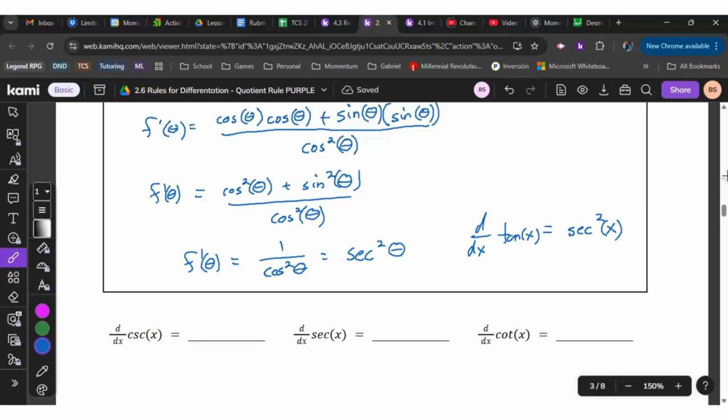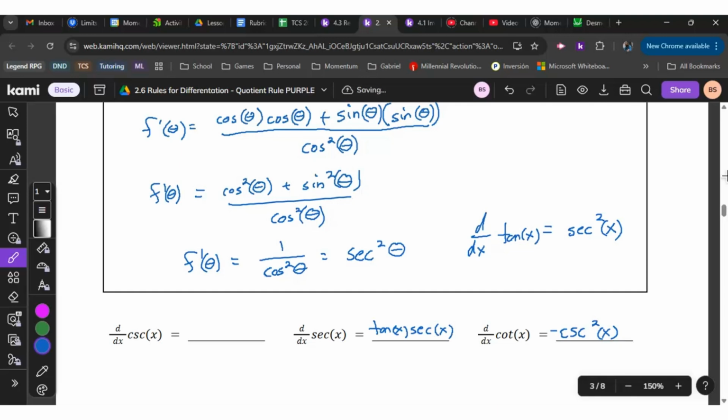Then I can look at what all these are. So if tan was secant squared, cotangent is going to be cosecant squared x. However, it is negative. So there's a negative cosecant squared. These are all written on the wall for you anyway. The derivative of secant is secant x tan x.